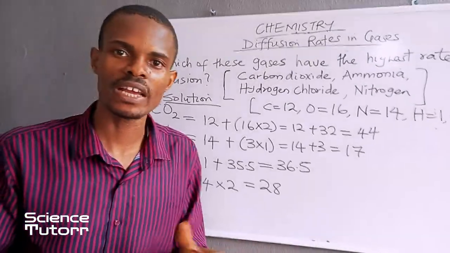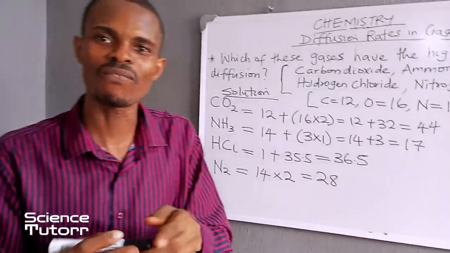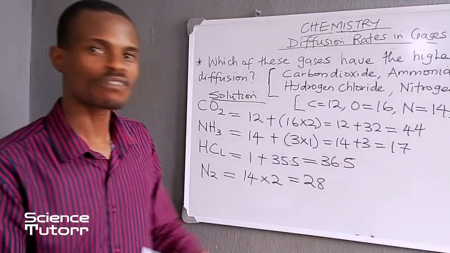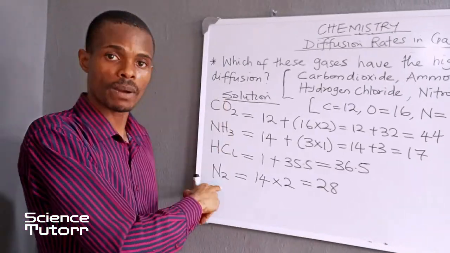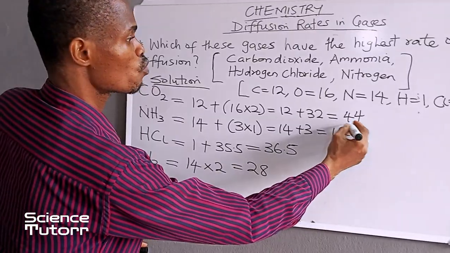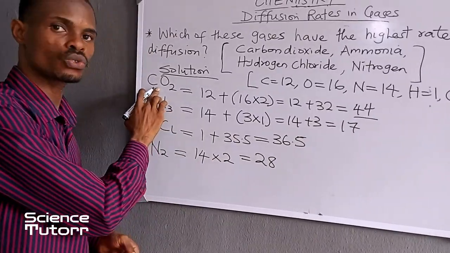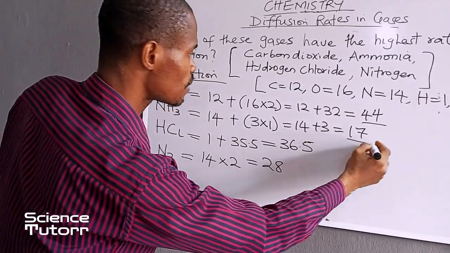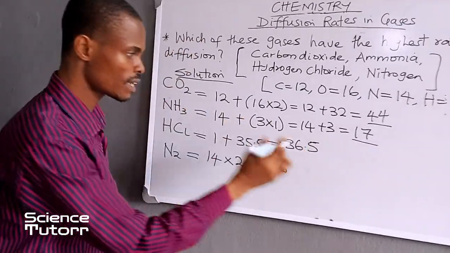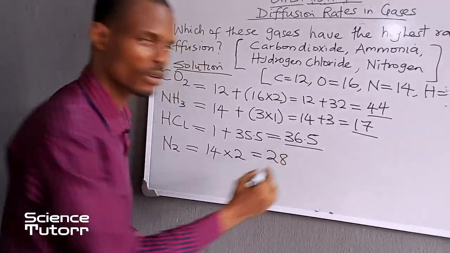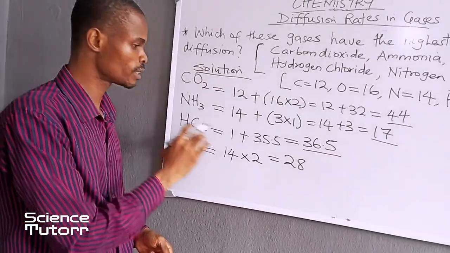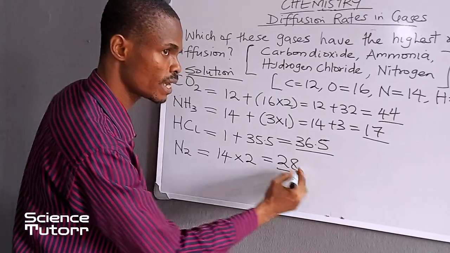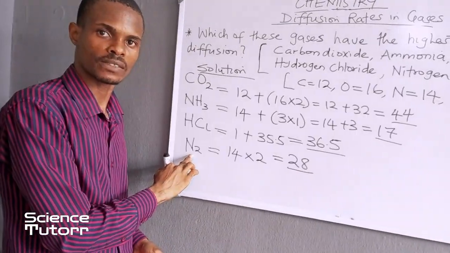Now, at the end of the day, we are going to compare the values of the relative molecular masses of the compounds. For the first one, we have 44 for CO2. The second, 17 for ammonia. The third, 36.5 for hydrogen chloride. And finally, 28 for nitrogen gas.